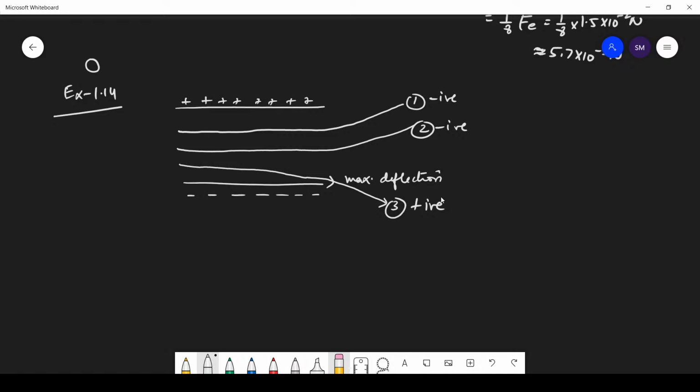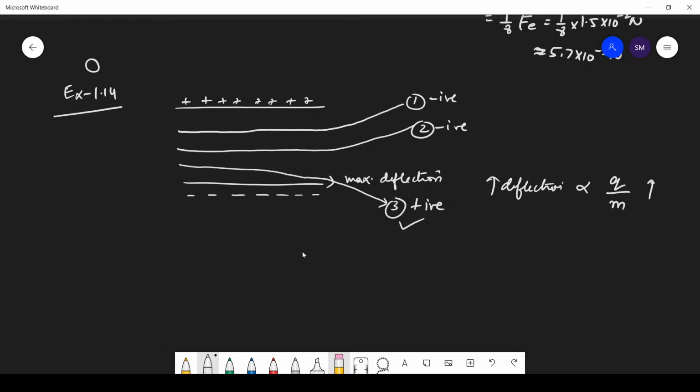So therefore we conclude that the ratio of charge to mass is maximum for particle number 3. So deflection is directly proportional to the charge to mass ratio. So the more the deflection, the more the charge to mass ratio.